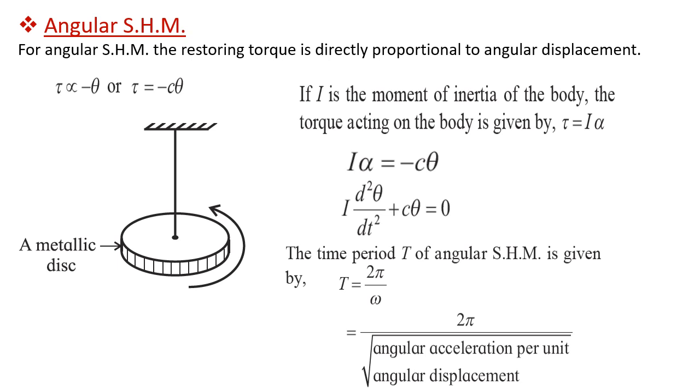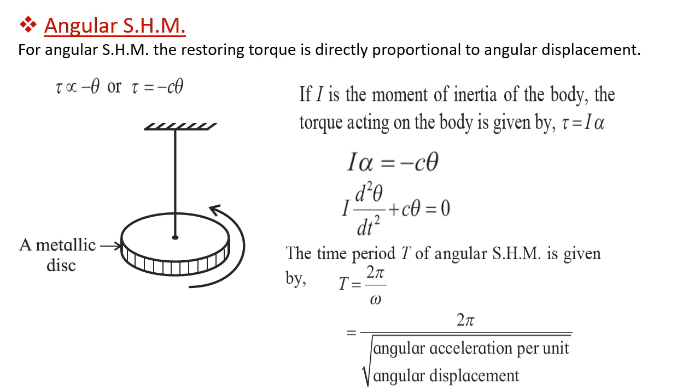Now this particular motion, that is the angular oscillatory motion, is governed by the restoring torque in the wire, and as I said earlier, this restoring torque will always be opposite to the angular displacement.